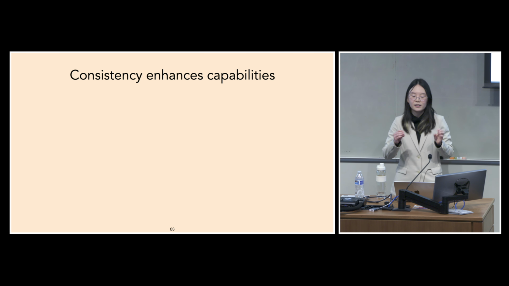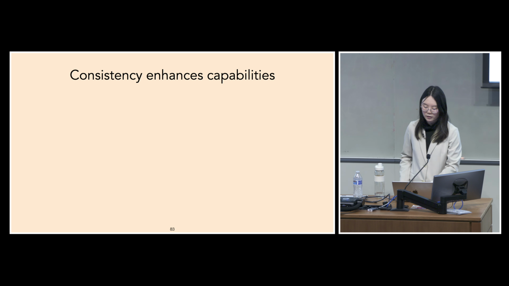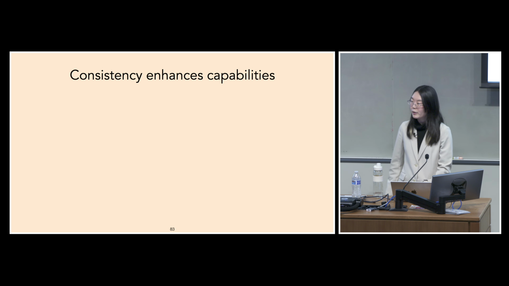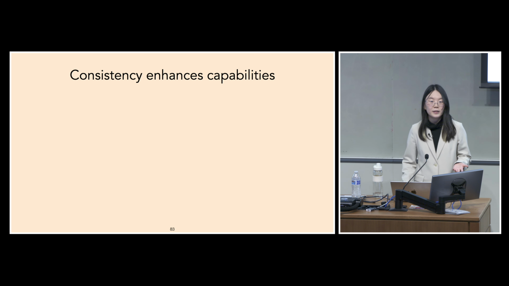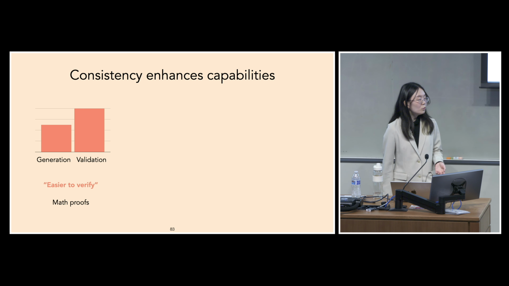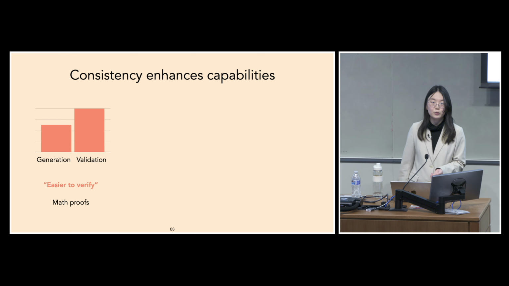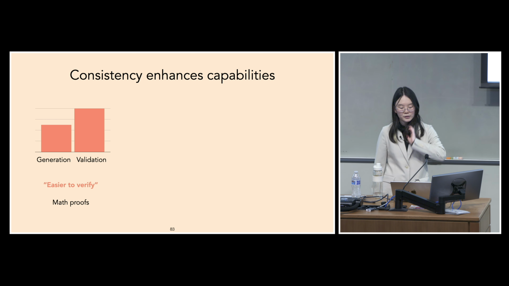So consistency is not just about solving non-robustness problems in existing language models. It also has broader implications in terms of language model capabilities. For example, many tasks can be framed as different directions, such as generation and validation are two directions of the same underlying problem. Some tasks are easier to verify, such as math proofs.